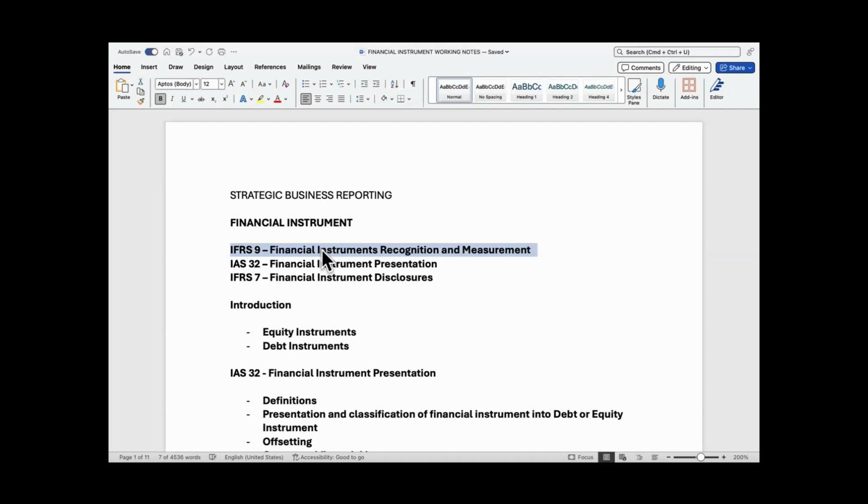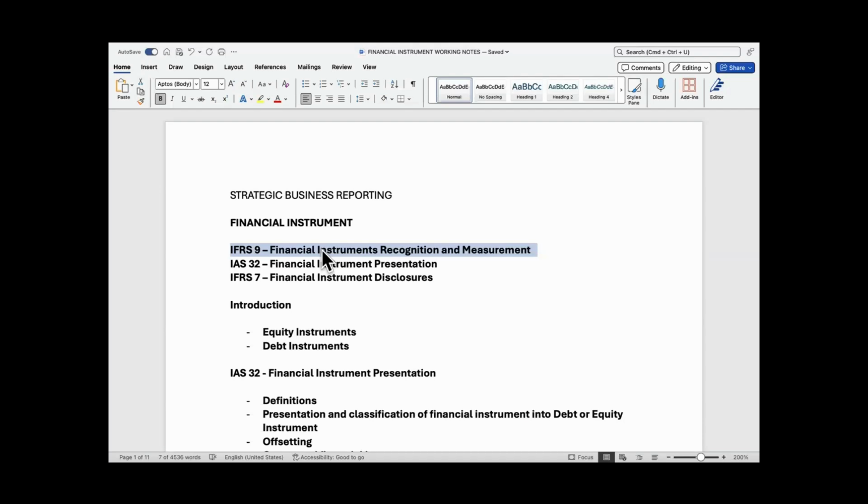We said that initially it is measured at transaction price, which is simply the amount you paid for those shares. And I told you again that on the date of acquisition, you must identify your intention for buying those shares.